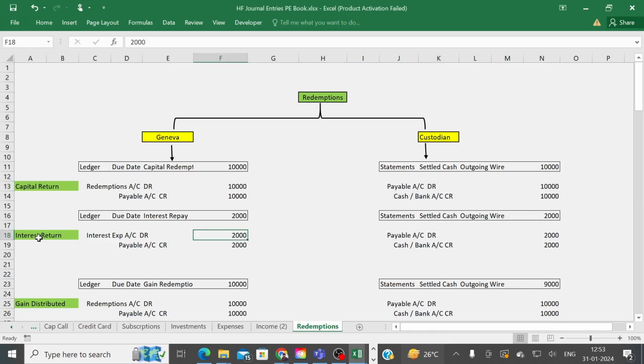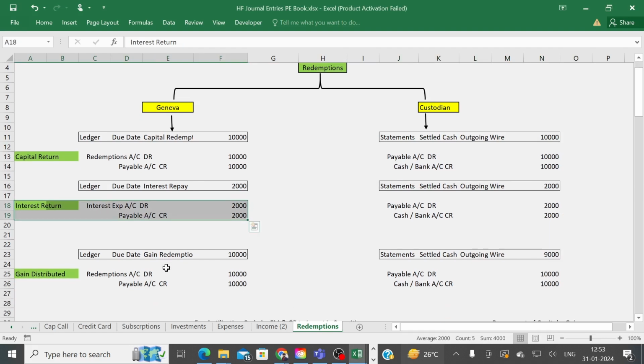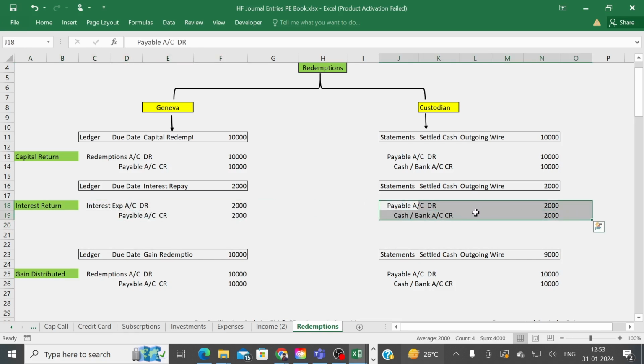All right. And if you're paying any interest payments or dividends, or any gain, you can follow the same way to record it, like interest expense account debit to payable account credit, and payable to cash. Always make sure of one thing: we always refer to the bank statement or custodian statements to get the confirmation on processing of payment.